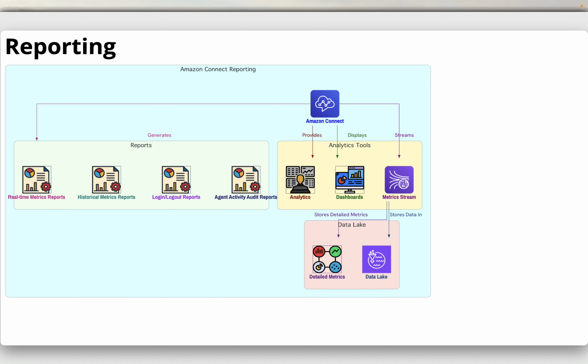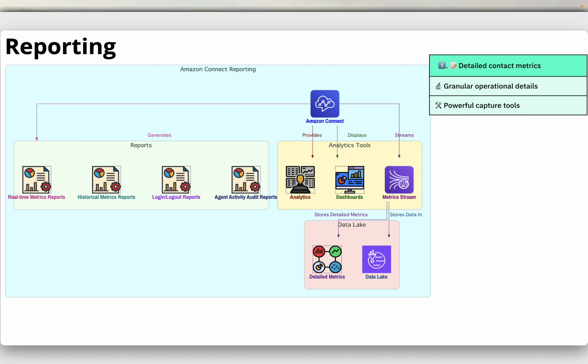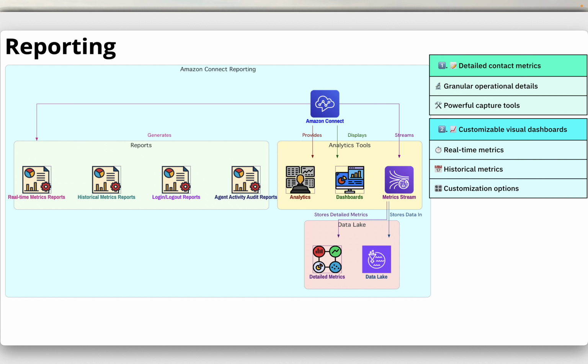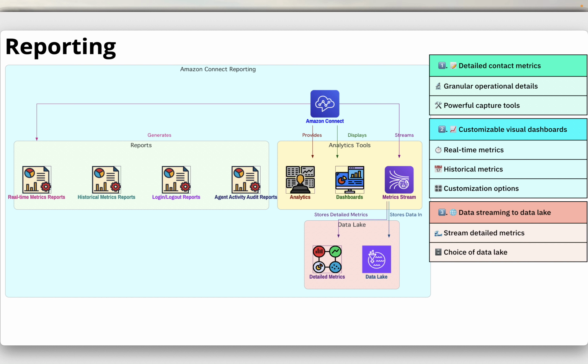So next is understanding Amazon Connect reporting. Amazon Connect provides powerful tools to capture the most granular details of your contact center operations. These dashboards allow for real-time and historical metric customization to fit specific needs. You can stream detailed contact metrics to your preferred data lake for comprehensive analysis.